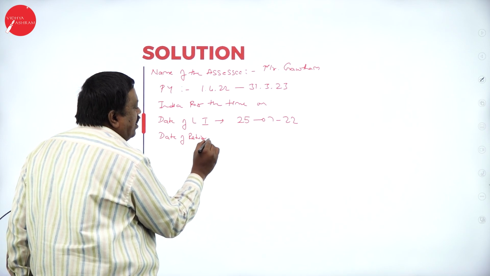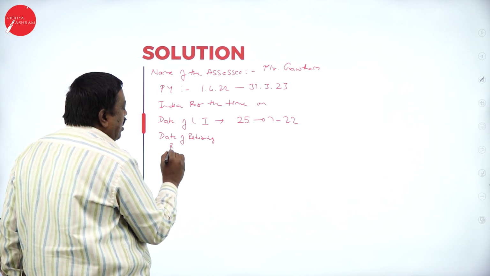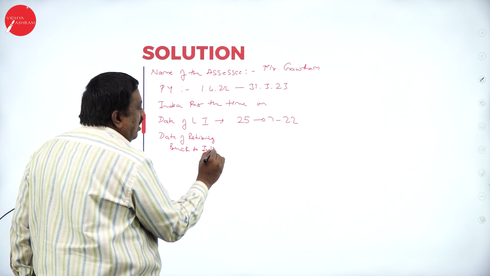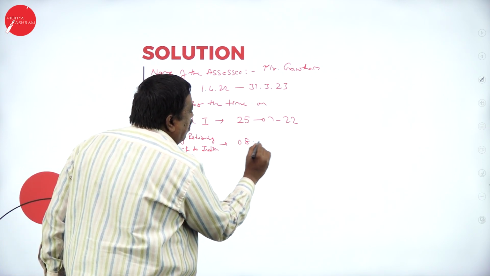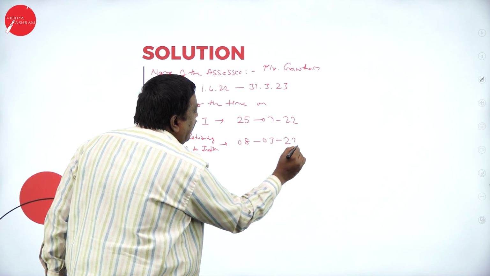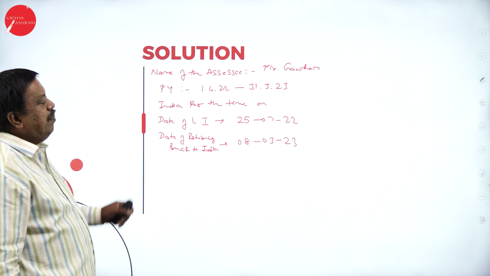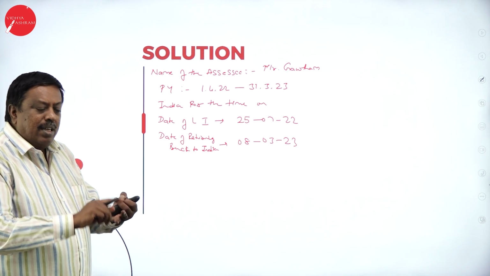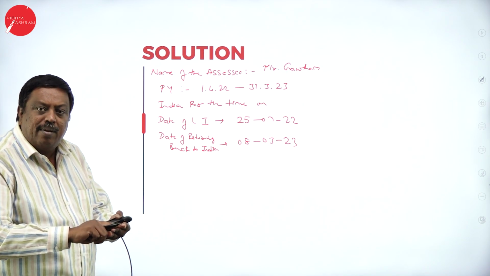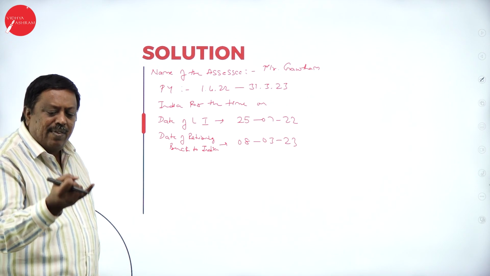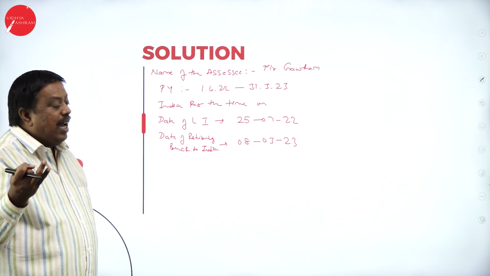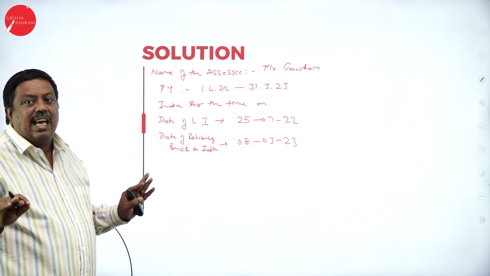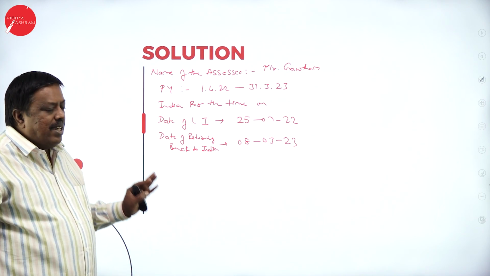Date of returning back to India, 8th March 2023. So from 25th July, August, September, October, November, December, January, February, and up to 7th March, I was not in India. So what is my residential status?